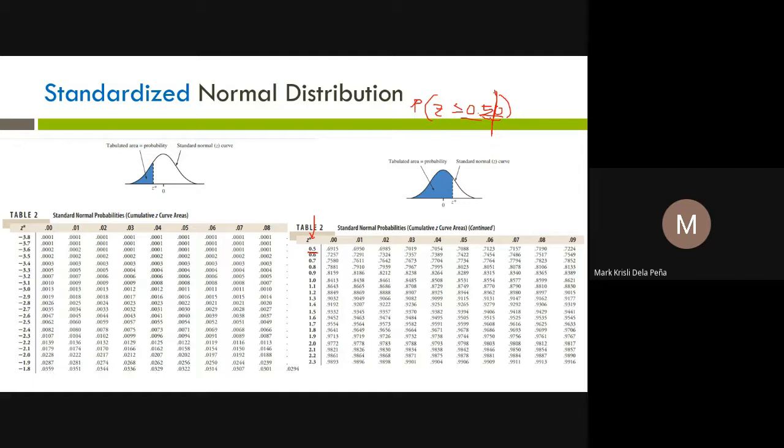Okay, now if we divide this one, this is actually equivalent to 0.5 plus 0.00. Now since we have found 0.5, we'll need to find 0.00 in the headers. Now here we have 0.00. Okay, when we add 0.5 to 0.00, that's 0.50.